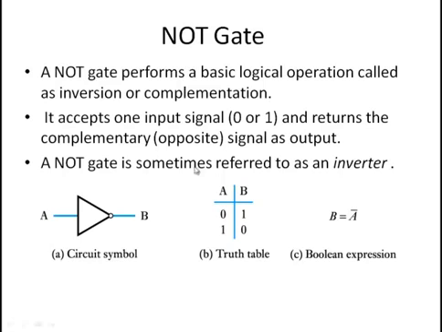You can see from this truth table that whatever the input is, the output is the opposite of the input. So the NOT gate is referred to as an inverter. This is the symbol of the NOT gate, and this is its expression: output is equivalent to input with a bar, that is A complement.